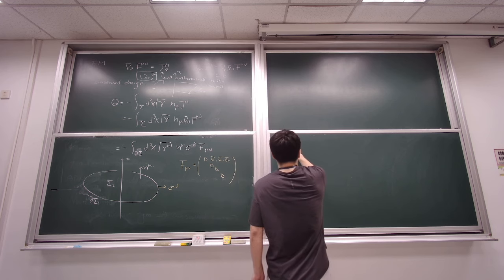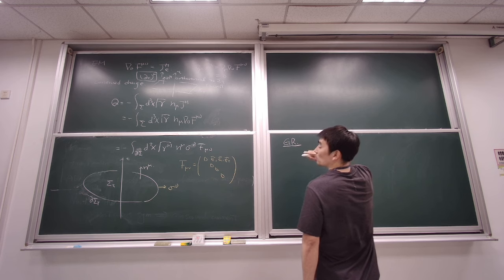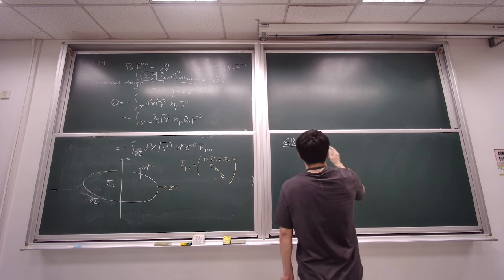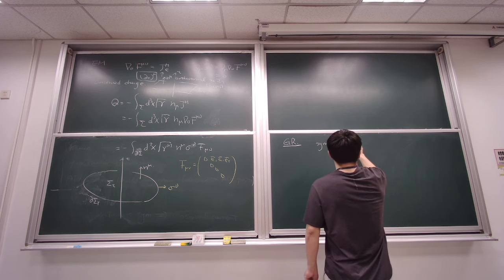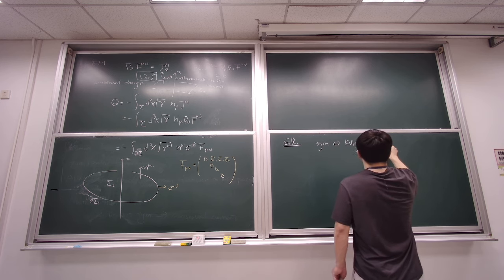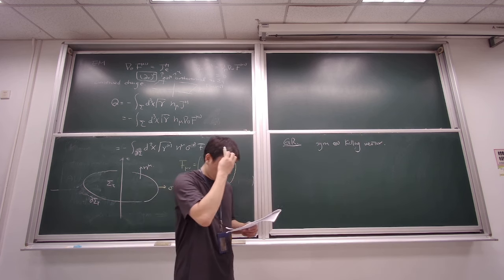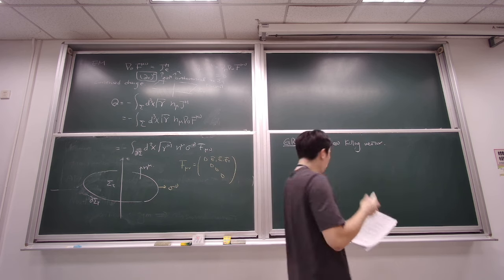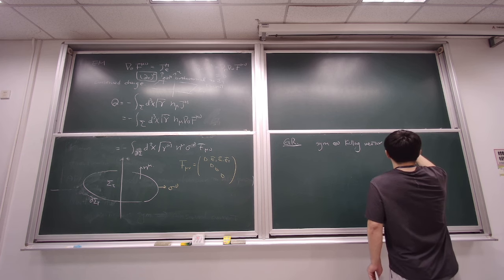In GR, how do you see the symmetry, a continuous symmetry? In Noether theorem, symmetry is associated with the Killing vector, as we learned, and then we can compute the corresponding charge.